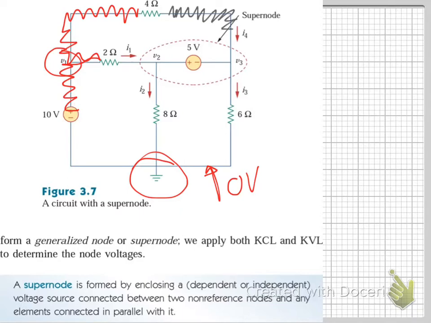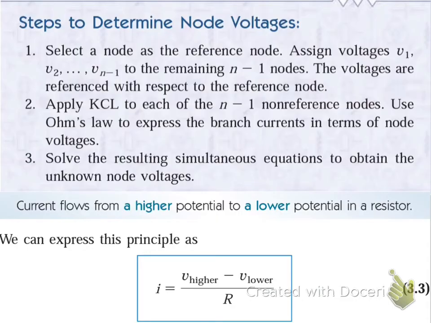Here is a node, as you can see, V3. Here is a node, as you can see, that's V2. So that's the step about assigning voltages V1, V2 till Vn to your nodes.